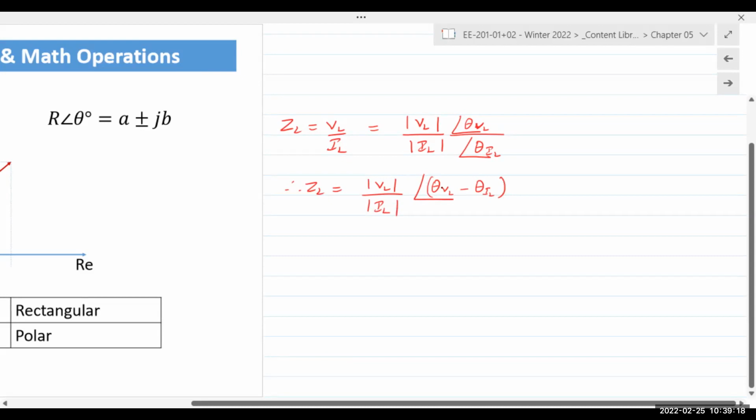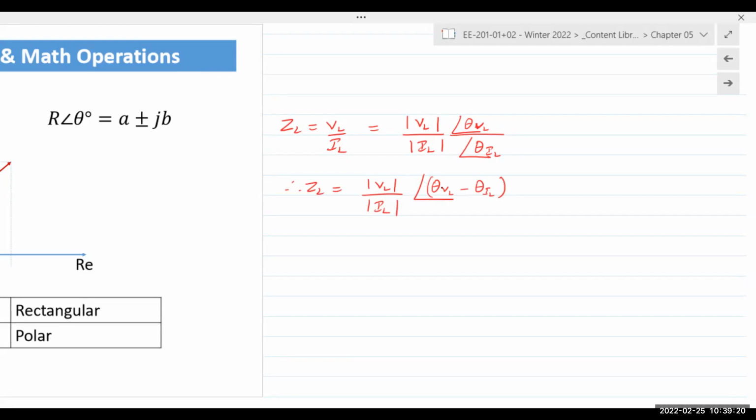So you would get magnitude VL divided by magnitude IL. The phase angles get subtracted, hence theta V minus theta I: phase angle of the voltage minus phase of the current. Phase of the voltage for an inductor is ahead of the current by plus 90.